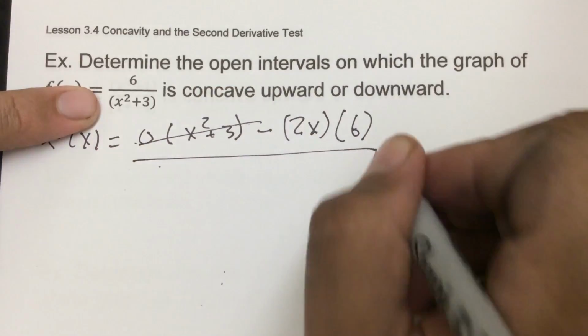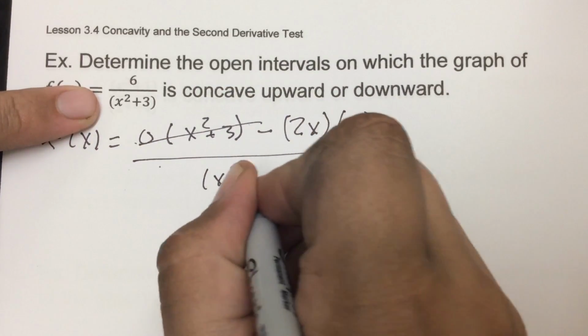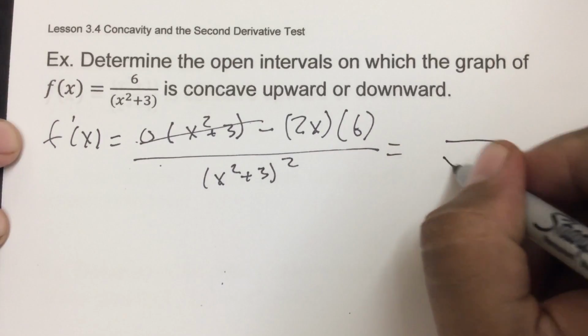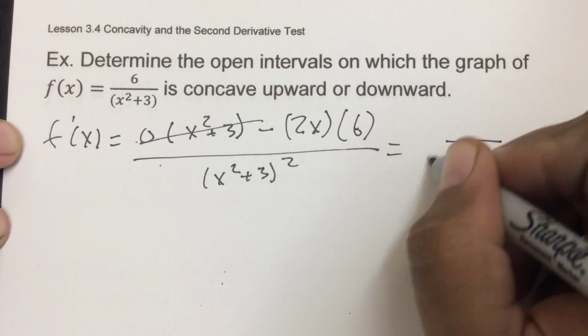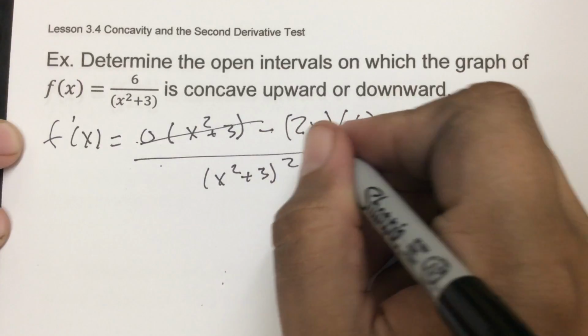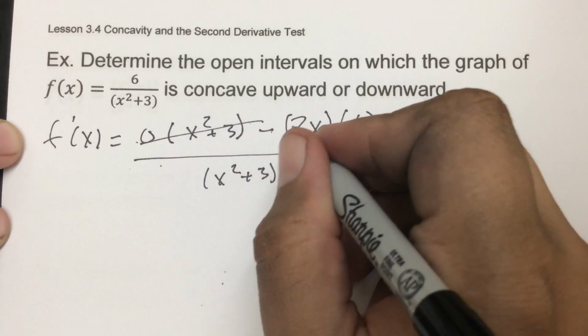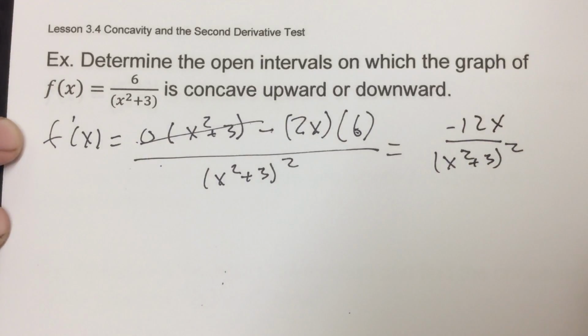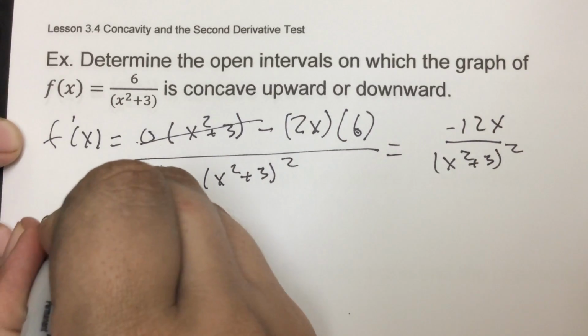So that'd be gone, all over the bottom squared. So x squared plus 3 squared. Here, 6 times 2 would be 12. With the minus would make this a minus 12x. Is your first derivative. Second derivative now.